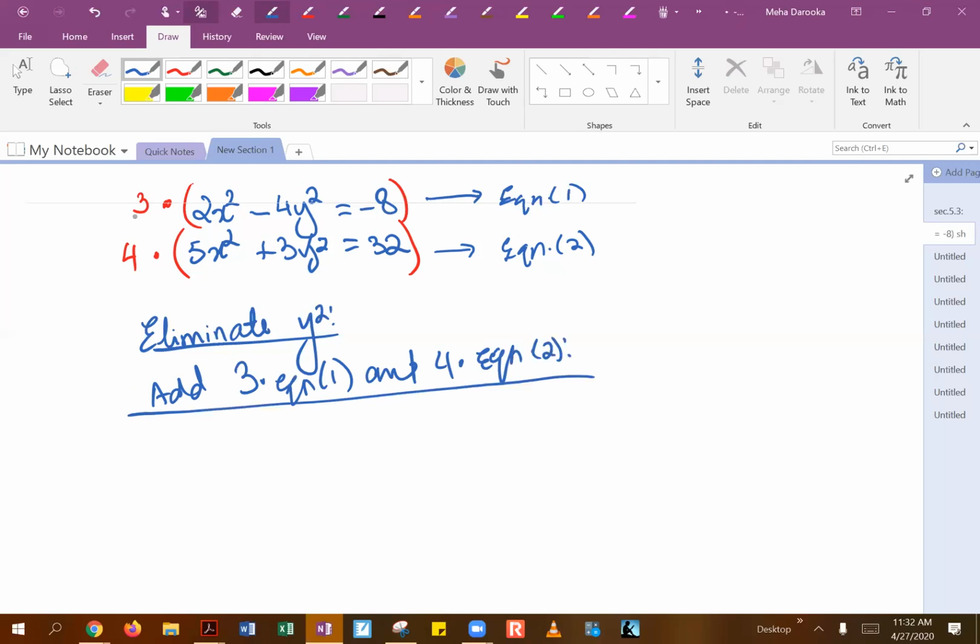That will end up giving us 3 times 2 will be 6x squared minus 3 times 4, of course, is 12y squared equals, what's -8 times 3? Negative 24, Kate. All right, now tell me what our second equation will become after we multiply by 4.